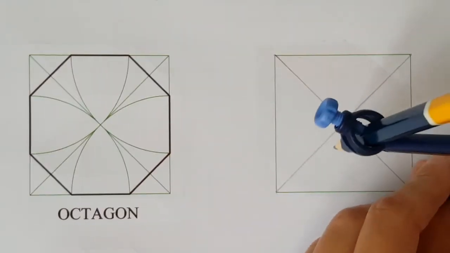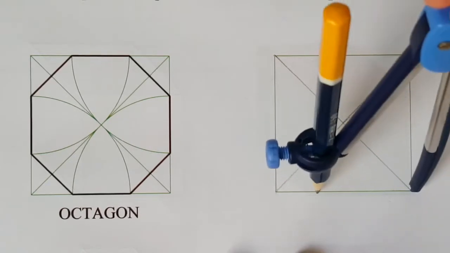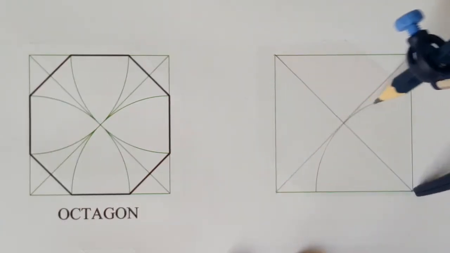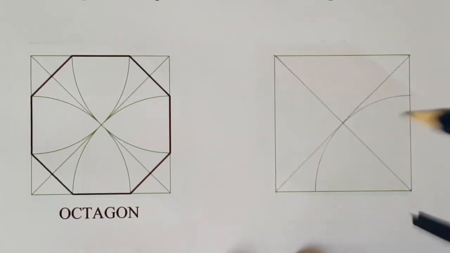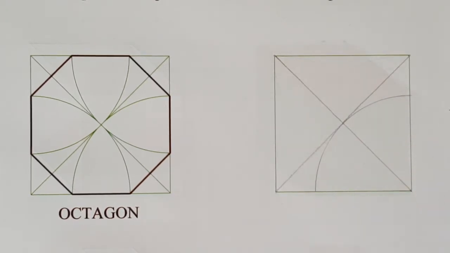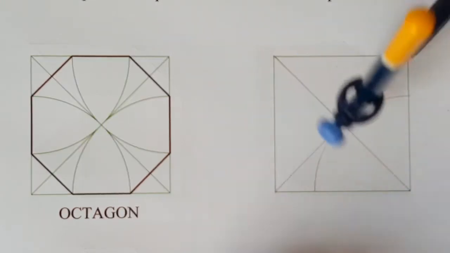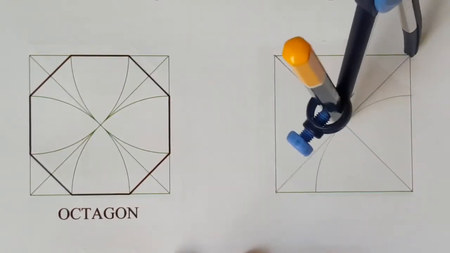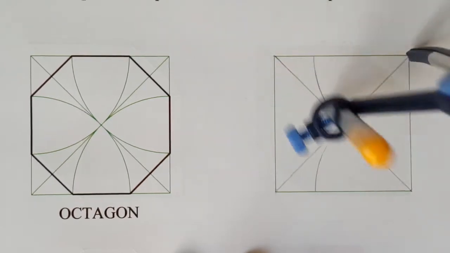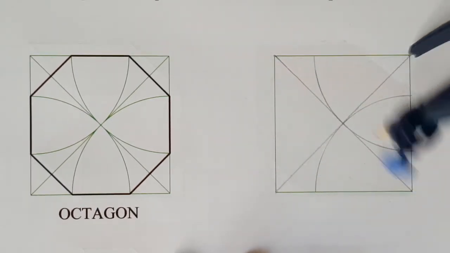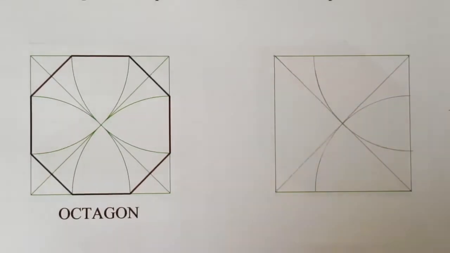It is important for this arc to touch the sides of your square, because wherever the arc and the sides intersect, that's going to be one corner, or in this case two corners, of your octagon. With one arc, you would find two corners of the octagon.